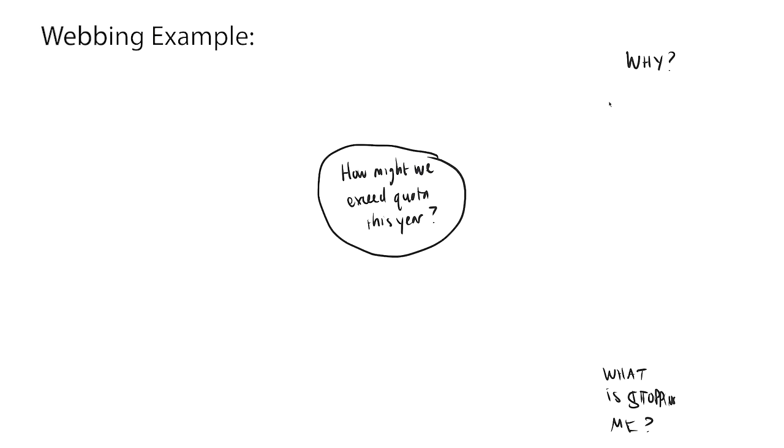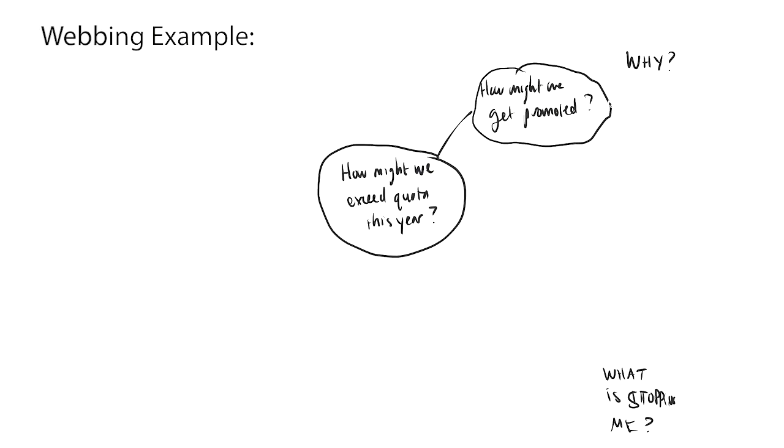So for the example, how might we exceed quota this year? Why is that important? That might be so that we can get promoted. Then we would write something like that, and remember, we have to change it into a question. Then we're going to ask why else, so we're going to have other nodes coming off from here. Let's say another reason why we want to exceed quota this year is so that we can make President's Club.